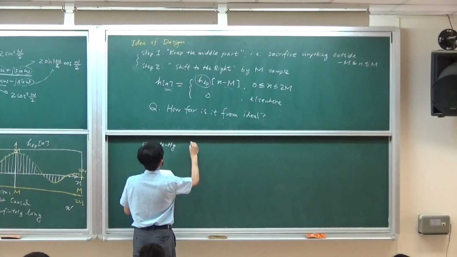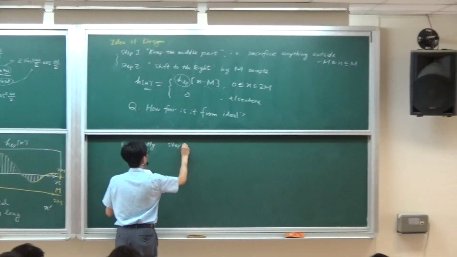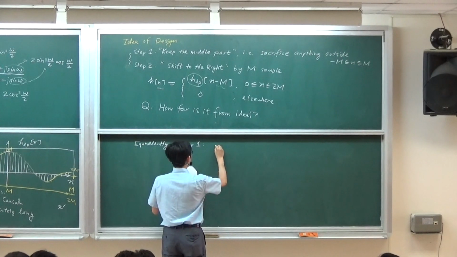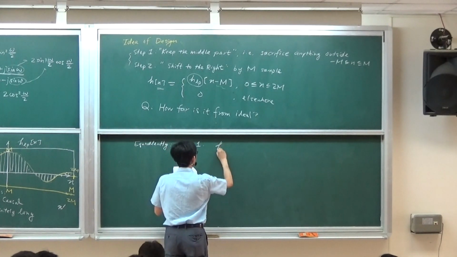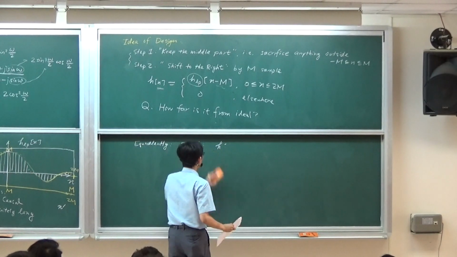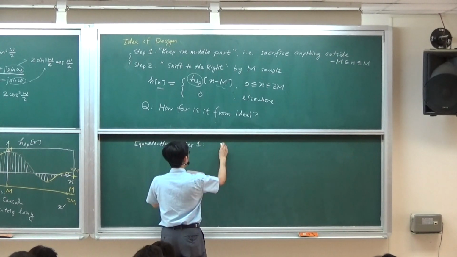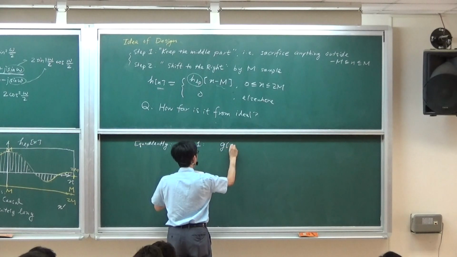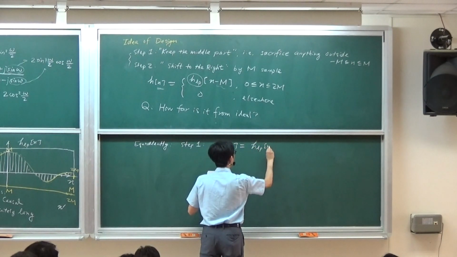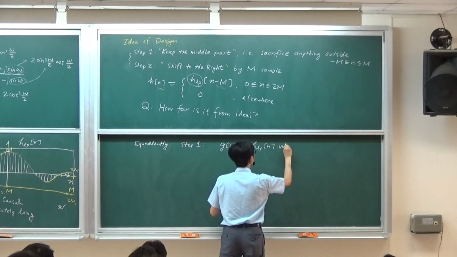In our first step, we have an intermediate result. Let's say this is g of n. Step 1 gives us the intermediate result g of n, equal to the original ideal response times a window function.